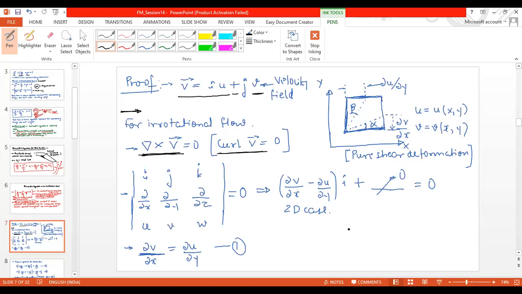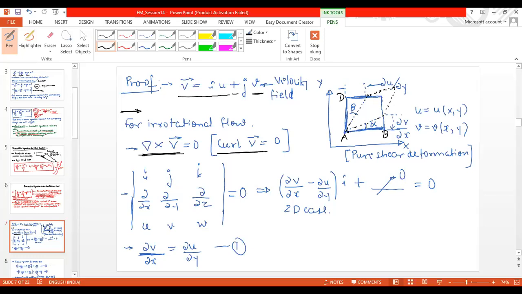Let me explain in a different way. Let's say this fluid element is going to be deformed like this. I have taken a fluid element in the flow field, and after time dt this fluid element deformed to this shape. Now let's say this side is AB and this side is AD.